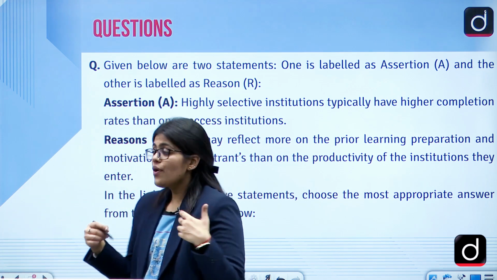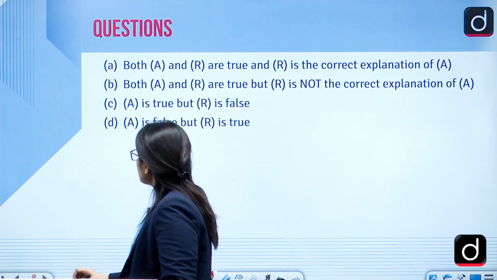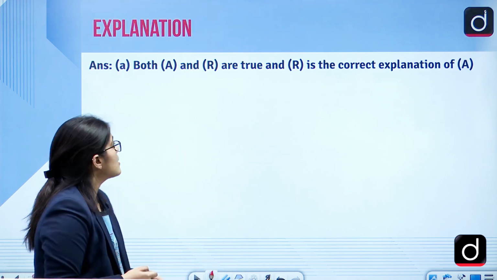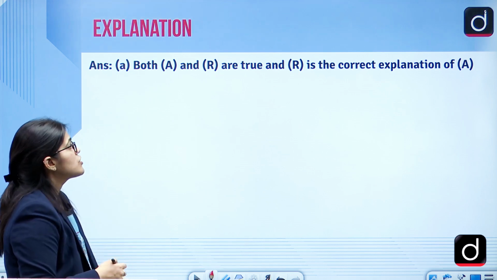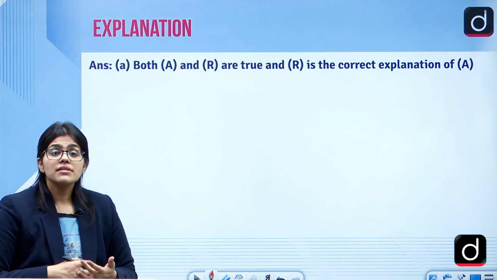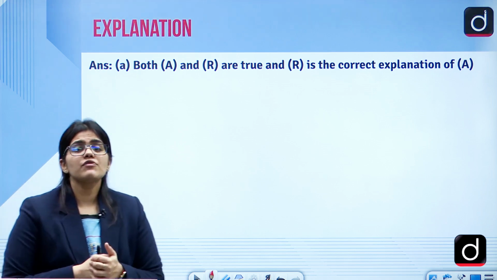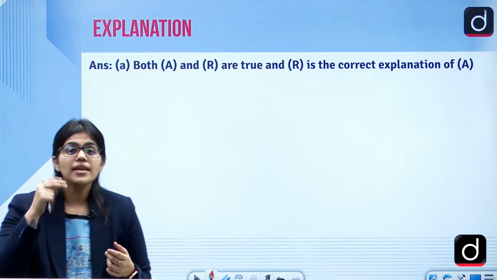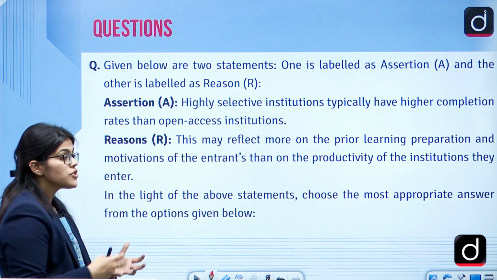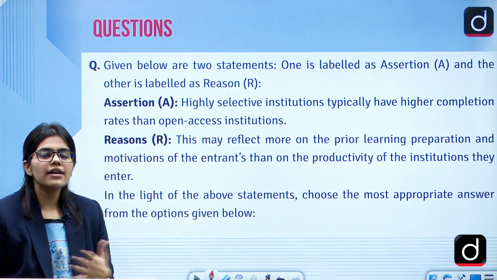So here you have to read more so that you can solve the answers. Okay, so the answer is given here. That means both A and R are true, and R is the correct explanation. So as I told you, these are the speed breaker type of questions, and this is what they are trying to judge: do you really connect the dots.